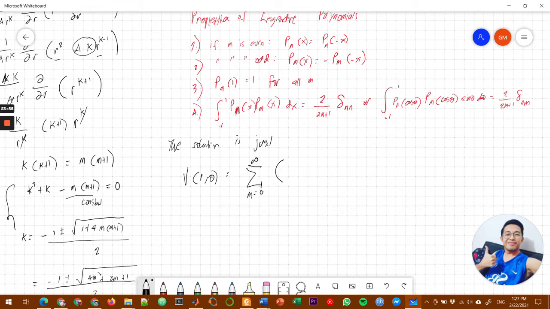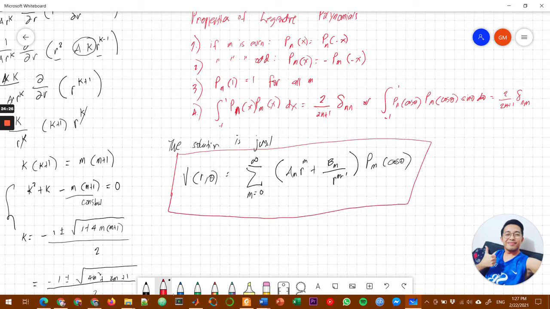The solution for r is A sub m r to the m plus B sub m over r to the m plus 1. And then the theta solution is P sub m of cosine theta, the Legendre polynomial for the theta part. Okay? So this is now the solution for the potential, a solution to the Laplace equation in spherical polar coordinates. So we can get the potential using this equation. Okay?